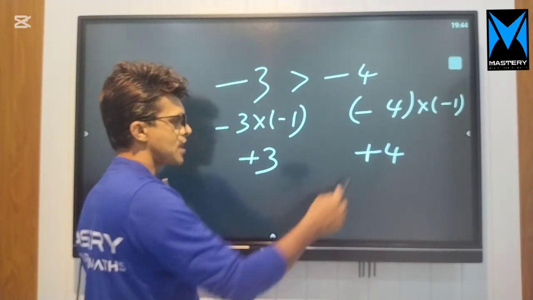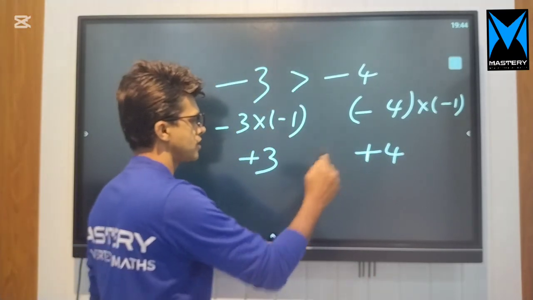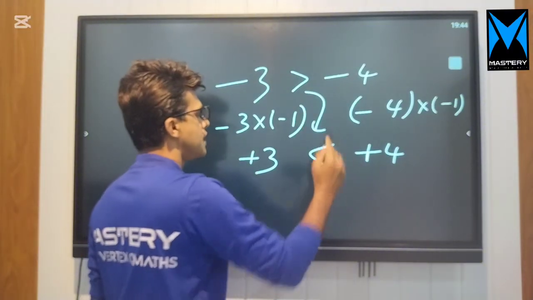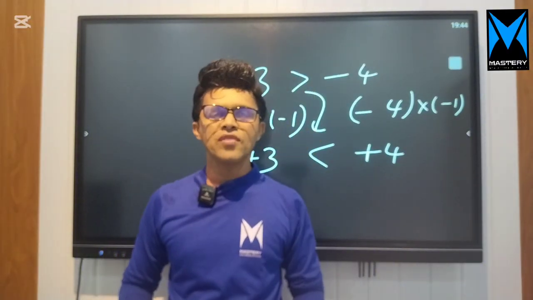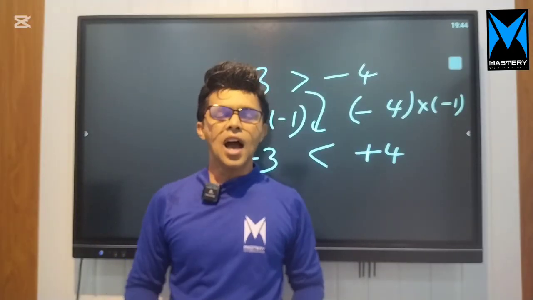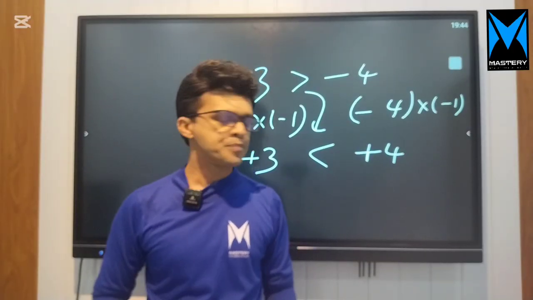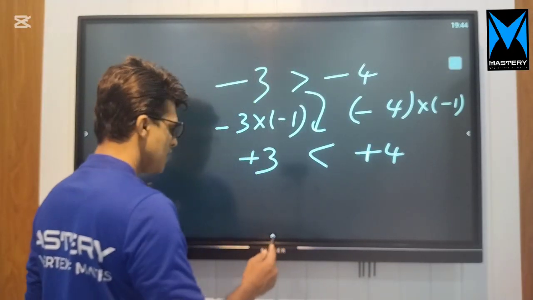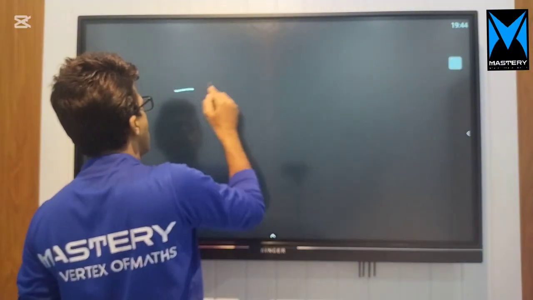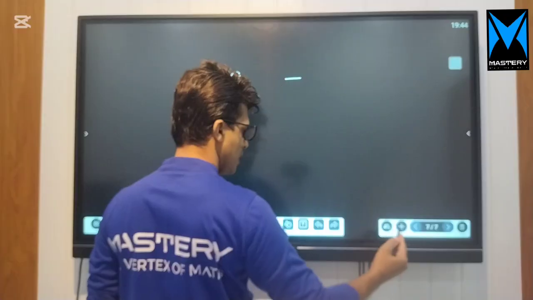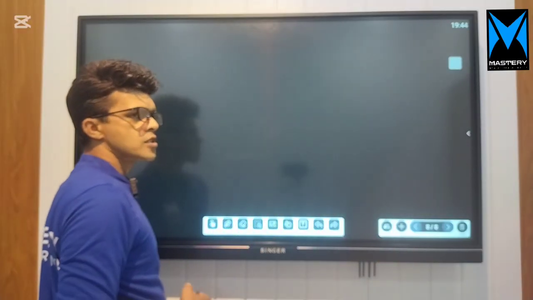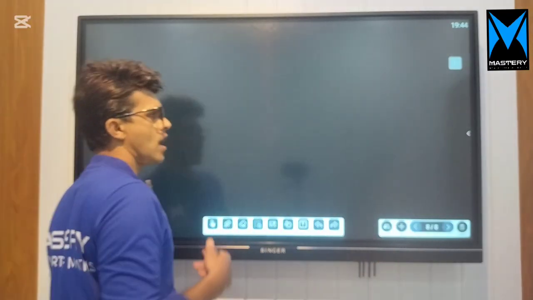Plus 4 is greater than plus 3. When it multiplies using a negative value, it changes the direction of the inequality. That's the idea that you need to gain here. So when it divides or is multiplied using negative values, it changes the direction of the inequality.